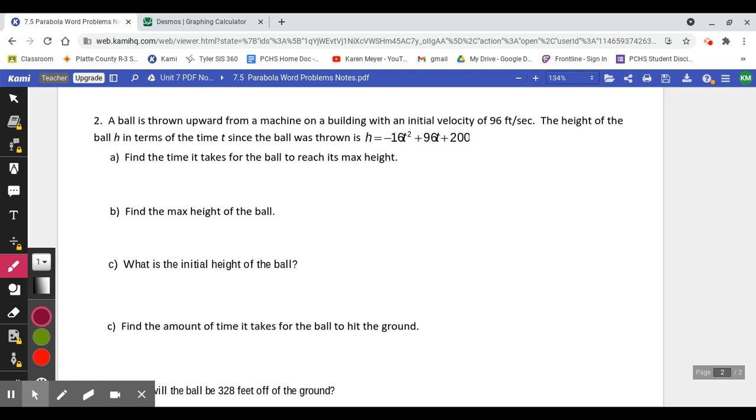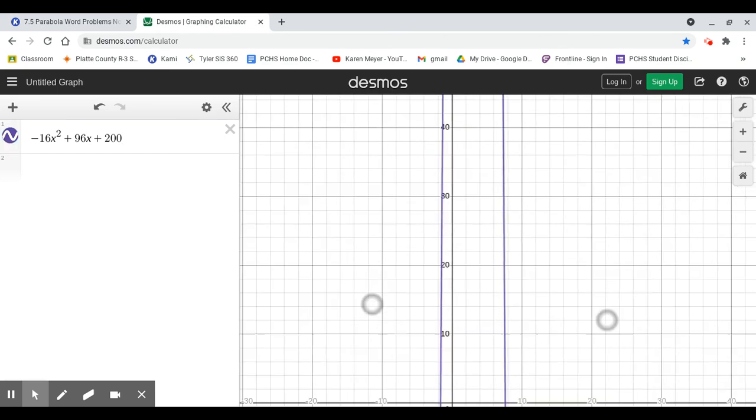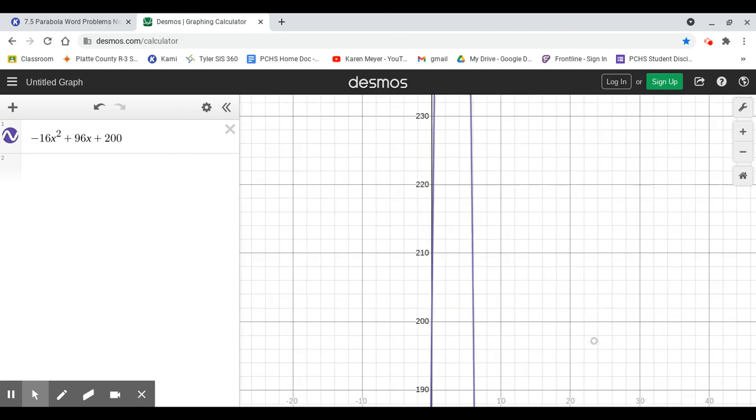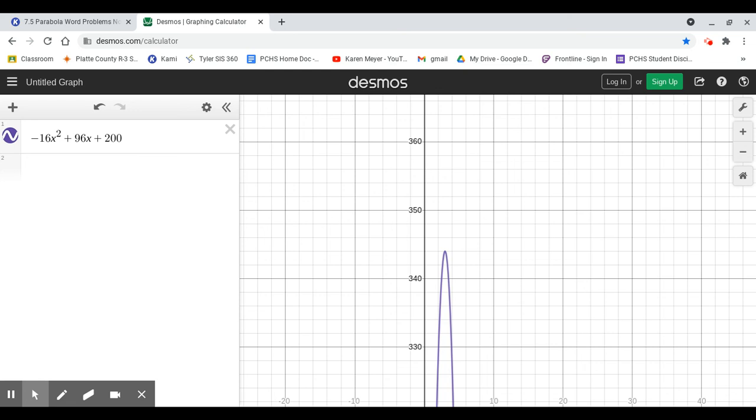Find the time it takes for the ball to reach the max height. That is the line of symmetry. Here is my vertex all the way at the top, and that's the x value of the line of symmetry.